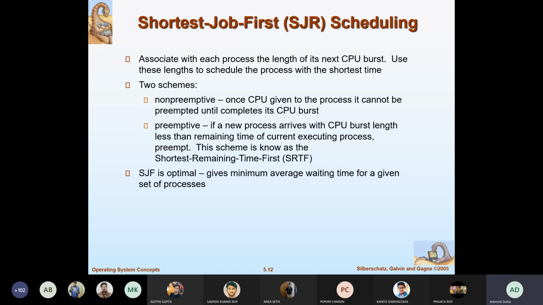Preemptive type means if a running process is forcibly stopped. Assume that you are a first year student sharing hostel with your senior, third year or second year. You are in the mess to take your dinner.